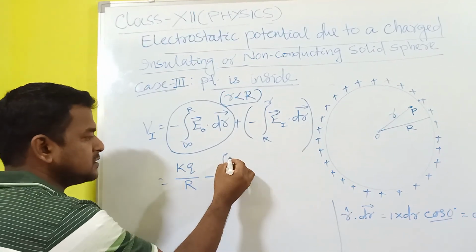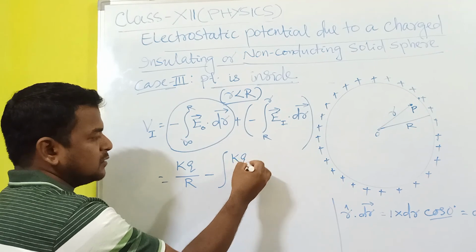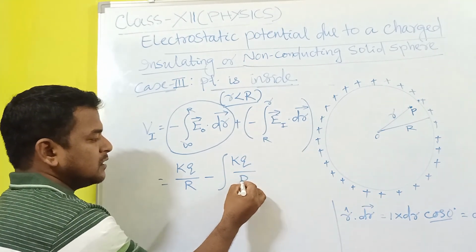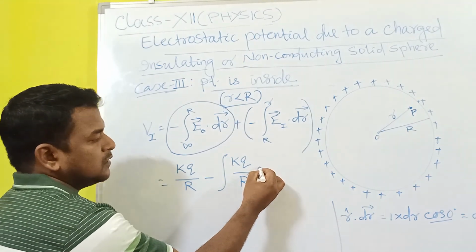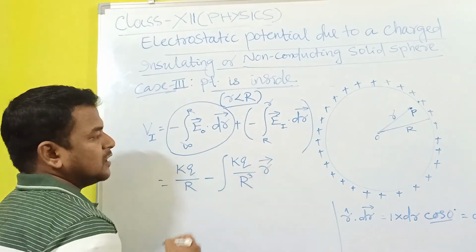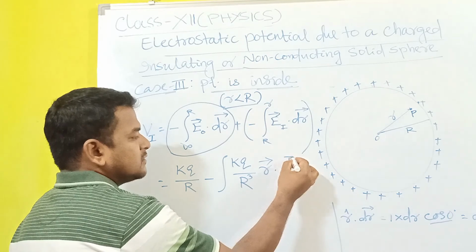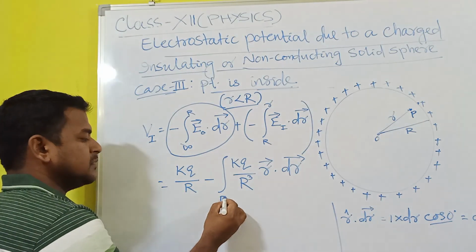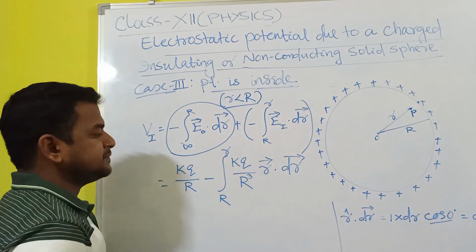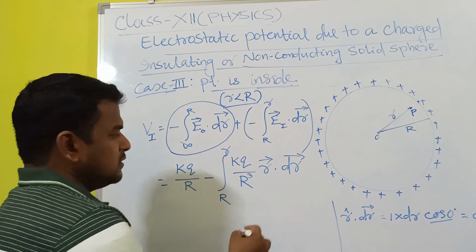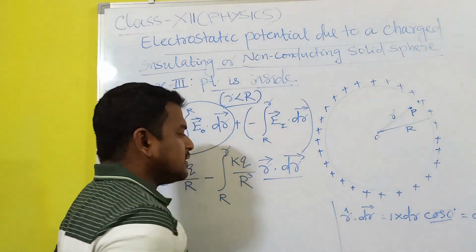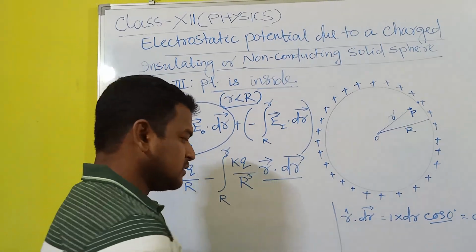E inside is how much? kq upon capital R cube, r vector dot dr vector from capital R to small r. Look, r vector dot dr vector.